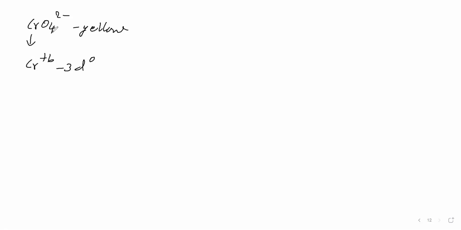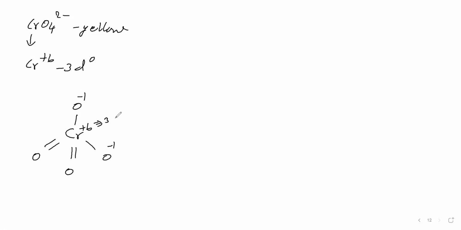We can write CrO4 2 minus like this: here double bond, here minus 1, here minus 1, single bond, single bond. Here plus 6 oxidation number.